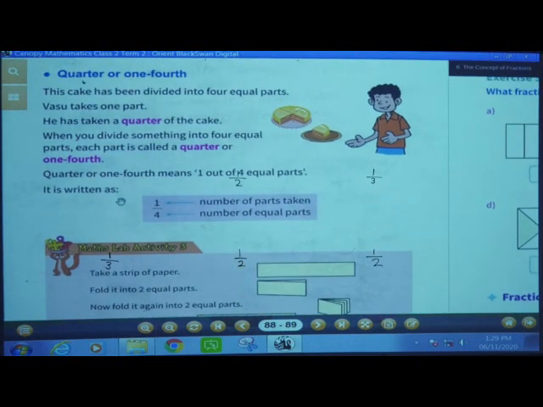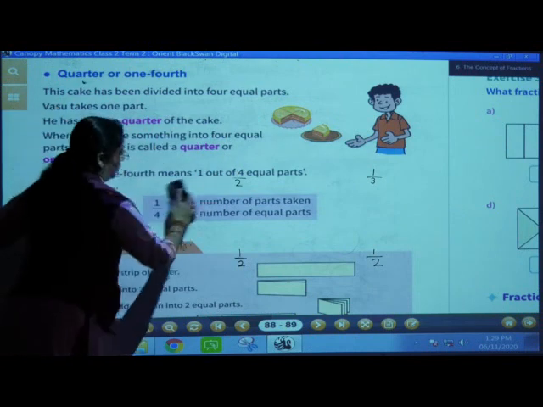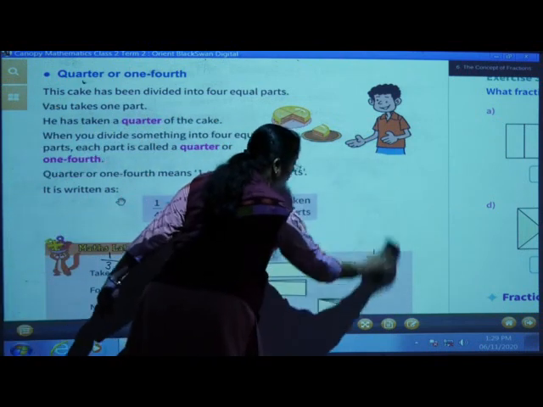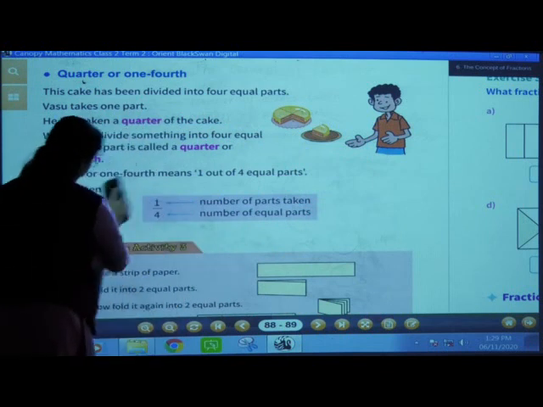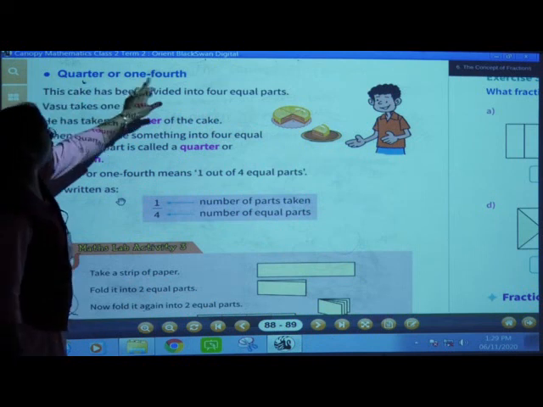See, next concept, quarter or 1/4. We have seen half, 1/3. Now we are going to see quarter or 1/4.